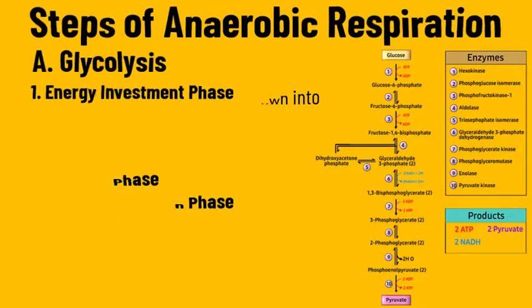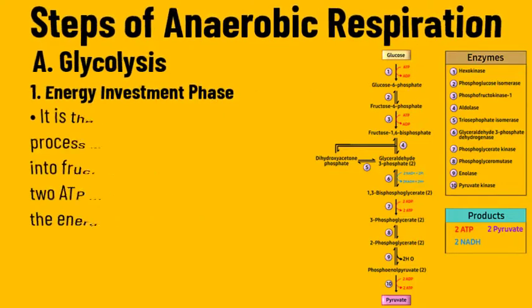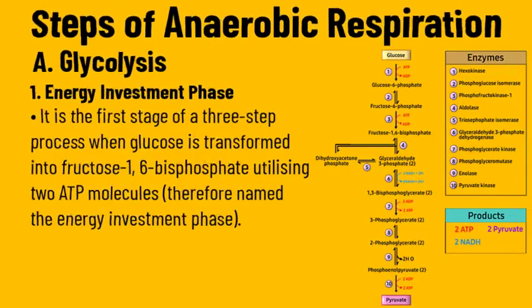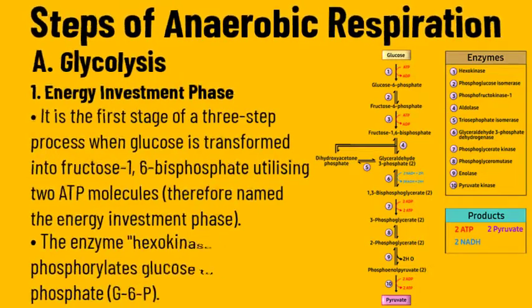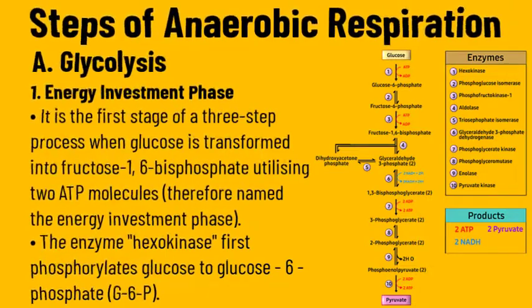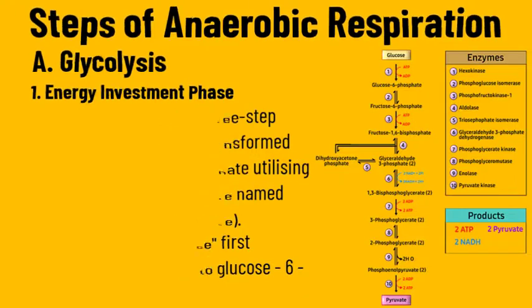Starting with the first phase, energy investment phase. It is the first stage of the three-step process when glucose is transformed into fructose 1,6-bisphosphate utilizing 2 ATP molecules, therefore named the energy investment phase. The enzyme hexokinase first phosphorylates glucose to glucose 6-phosphate, G6P.